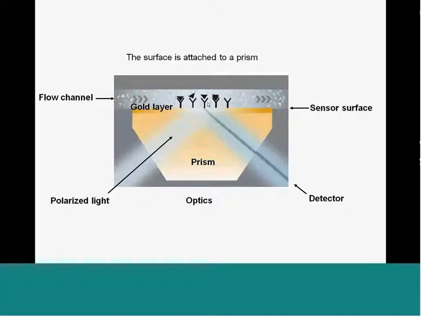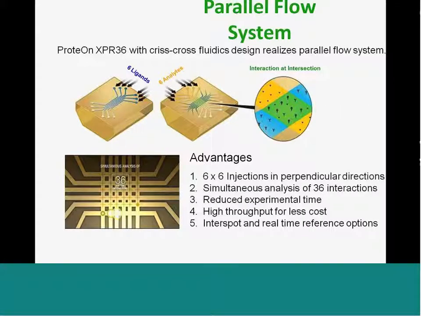Polarized light would be refracted at a different index dependent upon the binding of one protein to the other, and then there'd be a detector, and this would be the sensor chip. The flow would be in this direction, and the detector can detect small changes in binding. So it's a very sensitive assay, which has worked to our advantage.